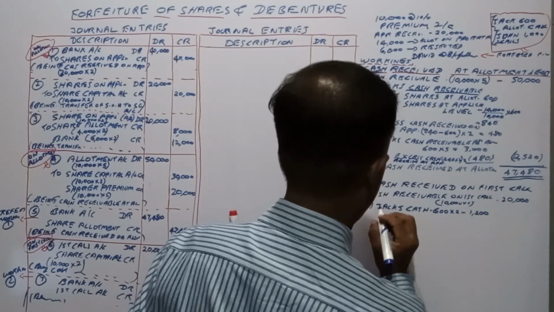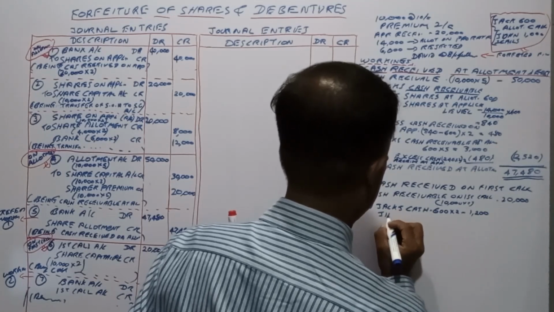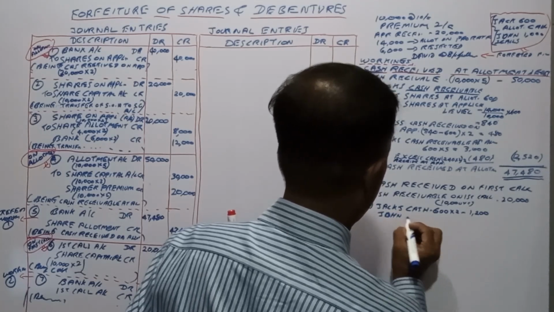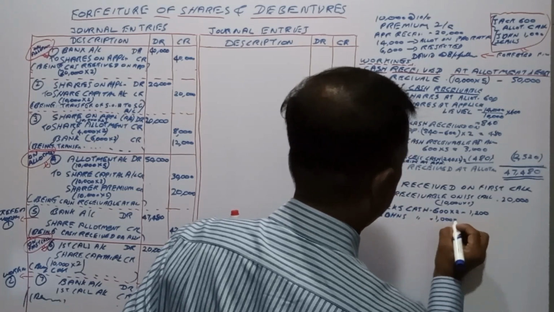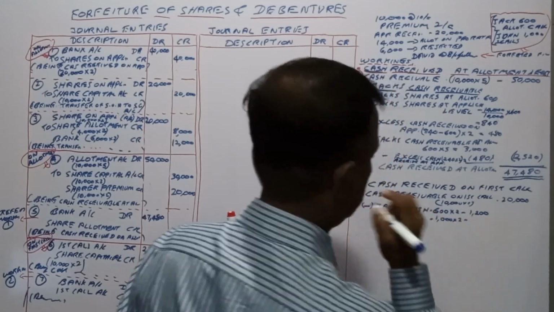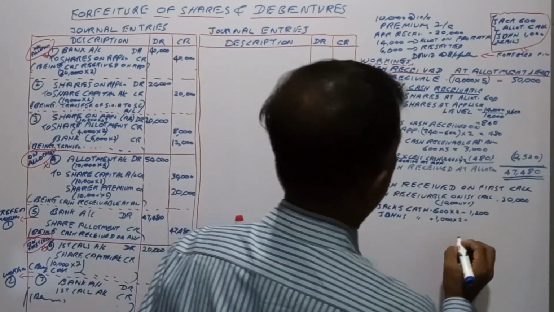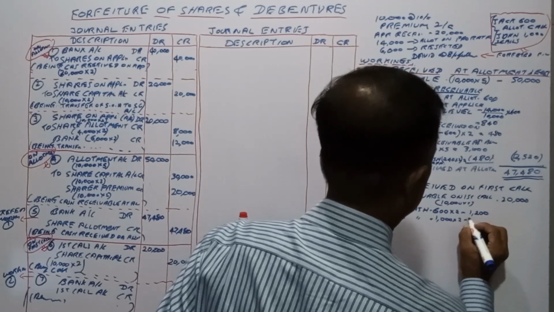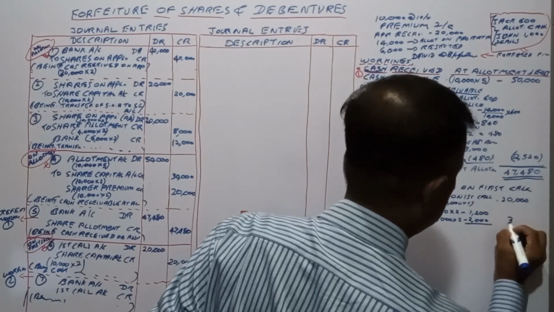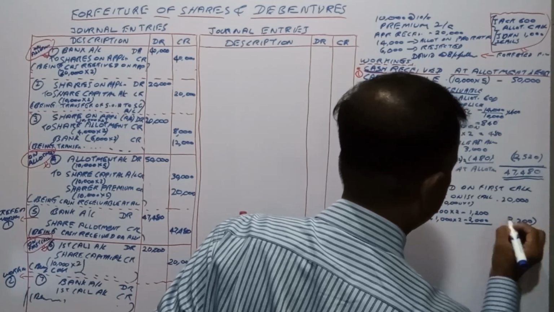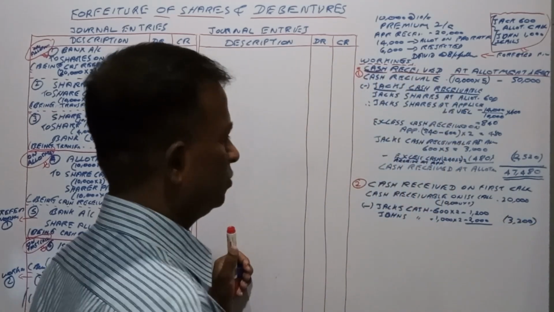Next one is John's cash. How much? 1,000 at the rate of 2, that is 2,000. Then 3,200 not yet received from Jack and John.